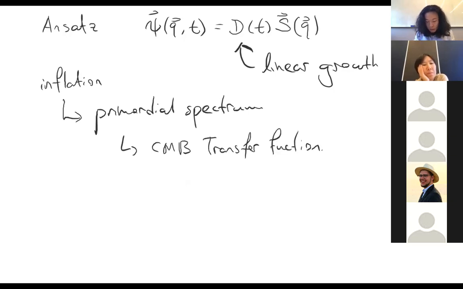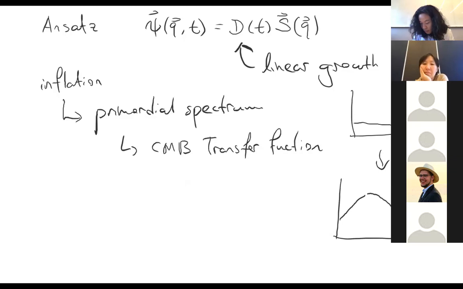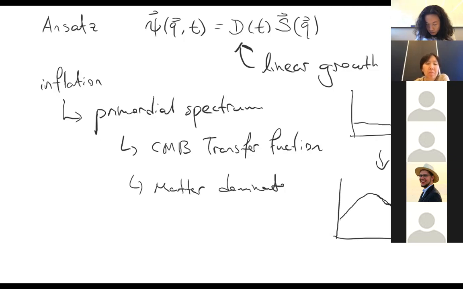The primordial power spectrum is probably really boring. It's probably just a flat line that's slightly tilted. And the CMB transfer function will then turn this flat line into the normal kind of power spectrum, probably with some more baryonic wiggles, but it will turn it into this. But then after matter domination happens, all the clustering would grow. So the late time matter dominated growth acts as a homogeneous shift if you assume CDM only.